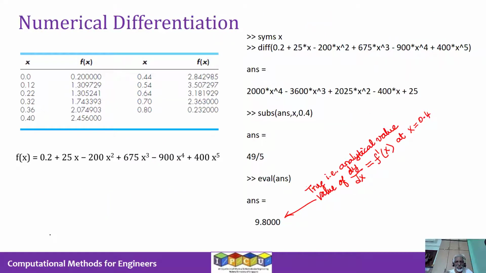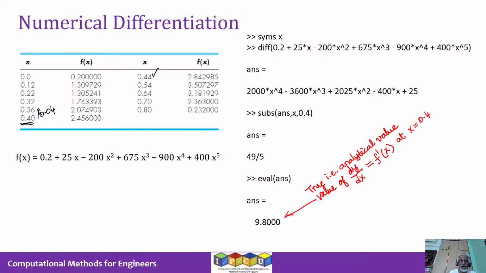Please note, for this particular question, I have carefully chosen the point at which I'm asking the derivative, right? I've asked the derivative at x is equal to 0.4. If you look to the left of 0.4, the value of x is 0.36. So the gap is 0.04. If you look to the right of 0.4, the data given to us is x is equal to 0.44. So the gap between x and x plus delta x is also 0.04. So this is a good point to illustrate the ideas because we are doing numerical differentiation for the first time.